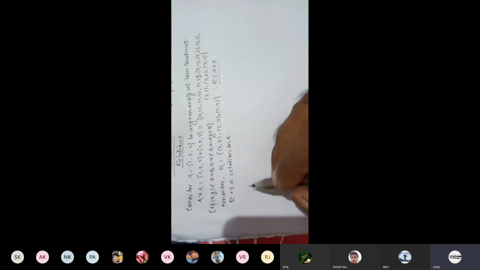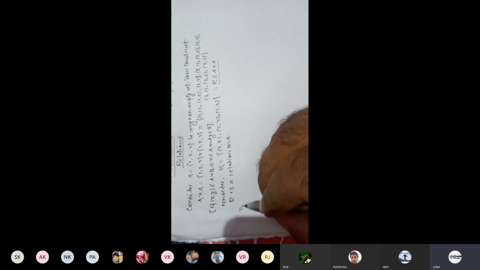Now see types, which is very important. First type, reflexive.